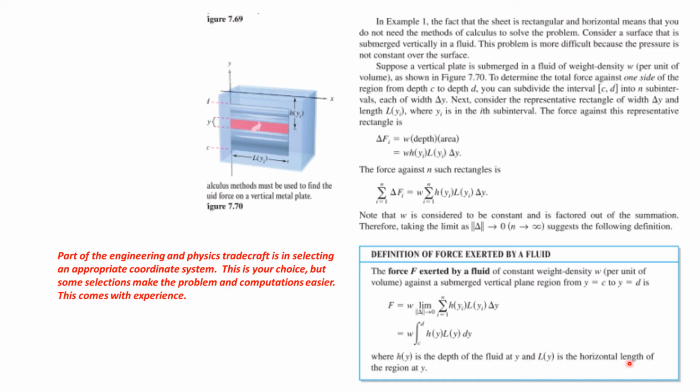And L of y is the horizontal length of the region at y. So this is a very good picture, and this is the definition, and we're going to use this formula over and over again.